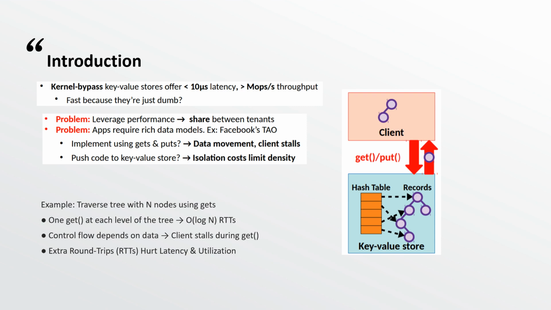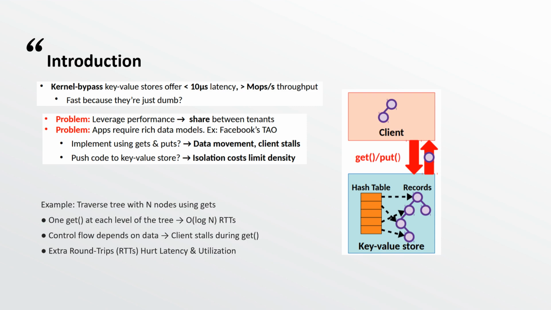For example, Facebook mentioned the TAO data structure. To be simple, let's see a tree data structure, a binary tree. If a client sends a GET or PUT request to the server, it needs to search the binary tree.